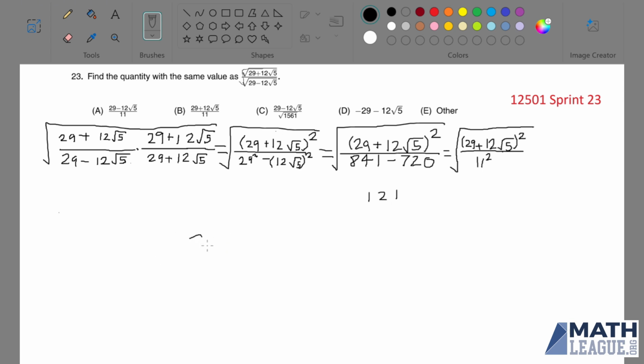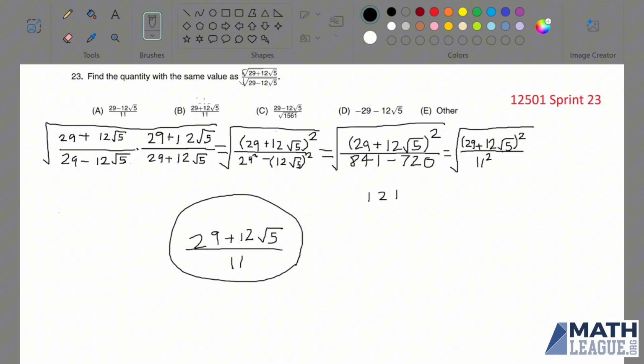So when we take the square root of this quantity, we get 29 plus 12 root 5 over 11. This is the same value as our original expression, and this is also option choice B out of our list of 5 answers. So our answer is B, and we're done.